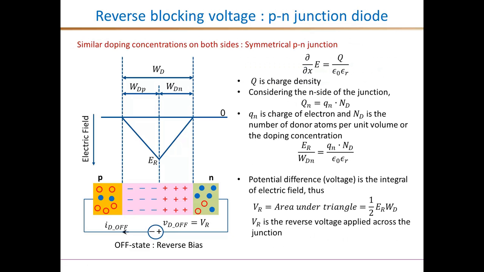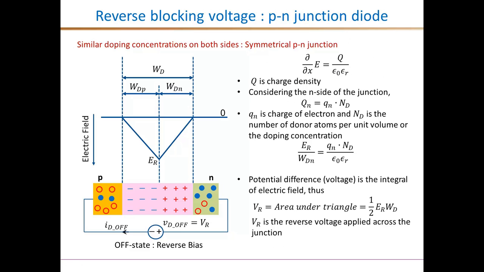So then the potential difference, or the voltage across this entire depletion layer, which is also essentially the total blocking voltage of the diode, is given by the integral of the electric field, which is the area under this triangle. That would be 1/2 times ER, the peak electric field, times the total width of the depletion layer.